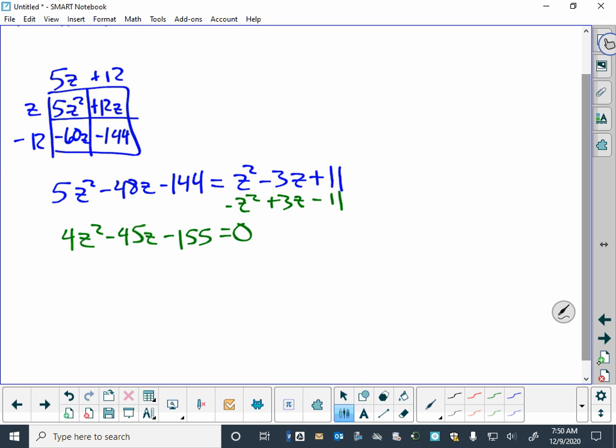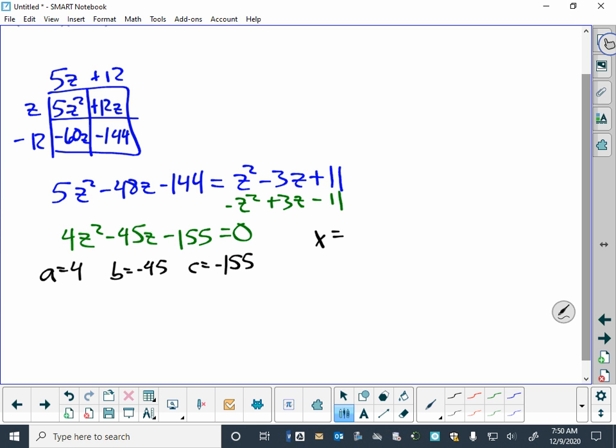If it factors, there's a lot going on in that factoring. 4 times negative 155 is negative 620, and thinking of things that multiply to 620 but are 45 apart is a little daunting in my head right now, so I'm going to go straight to the quadratic formula and say my a here is 4, my b is negative 45, my c is negative 155.